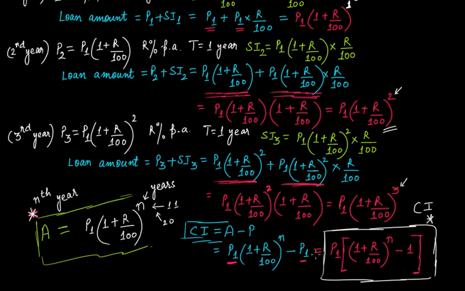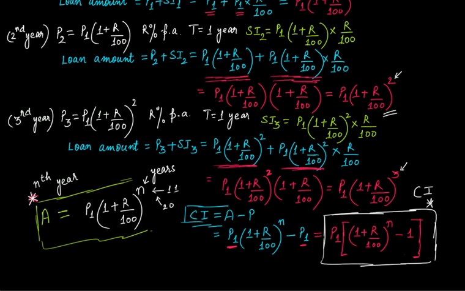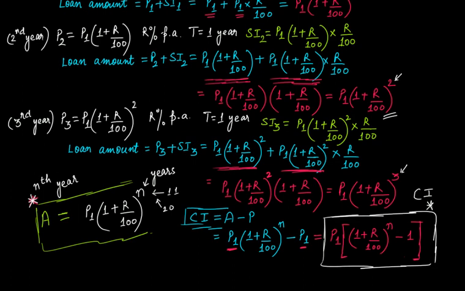Now, one important point: in some books you can find that this formula is written as P1 within the bracket (1 plus R) to the power n. This is not divided by 100. Well, this is also correct. What's the difference then? Let me explain with an example. Let's say the rate is 8% per annum. If you are using this formula, simply put 8 here.